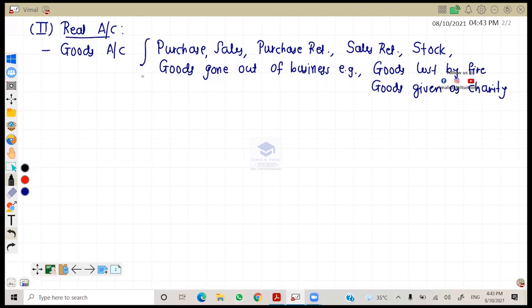All these are accounts related to goods. Goods distributed as free sample, goods washed away by rain. So any account related to goods involving goods are part of real account.